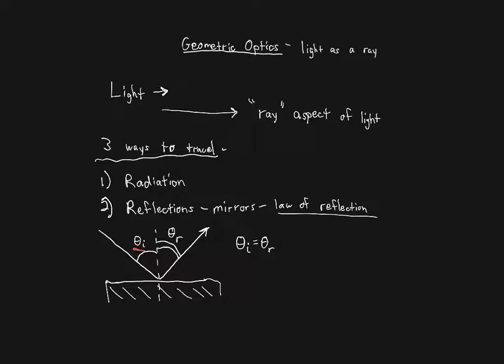This works when your mirror is at an angle too. So maybe I have a mirror that's not just flat on the ground. It's angled a little bit. I draw my perpendicular line. My light ray comes in, hits at some angle of incidence, and it's going to reflect off at some angle of reflection.